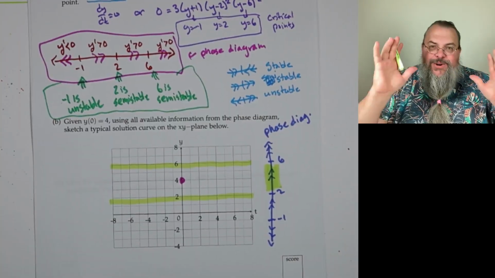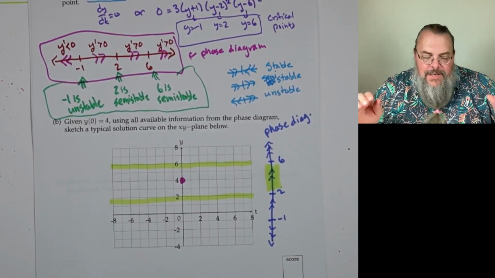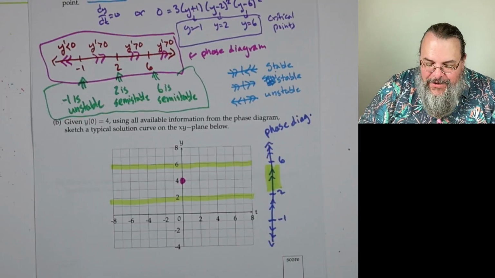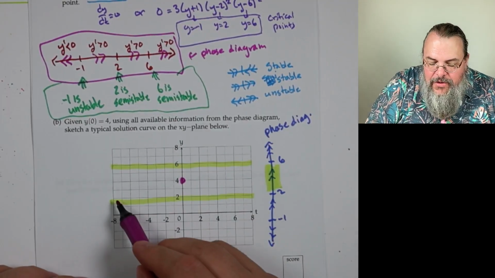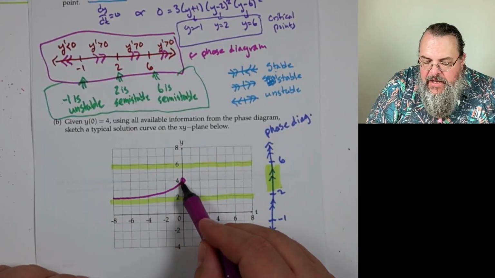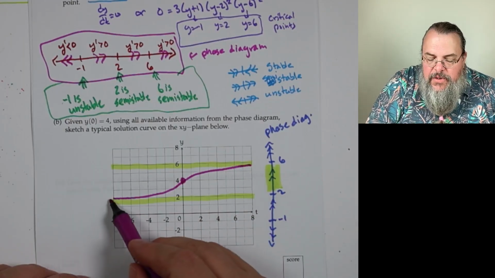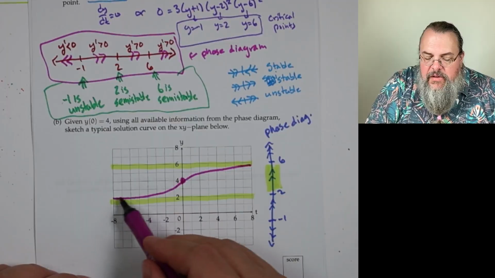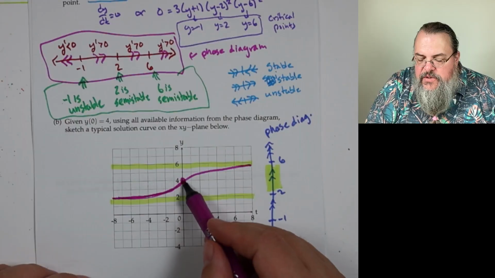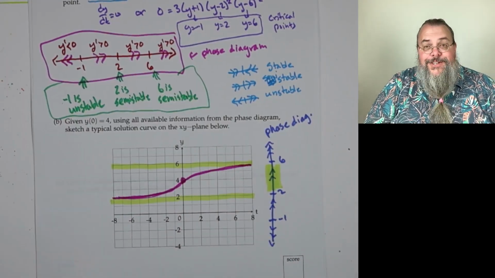So we need to come off from 2, pass through 4, and then sort of approach 6. So we don't hit 2, we don't hit 6, but we come off close from 2, pass through, and then head towards 6. And that's the picture.